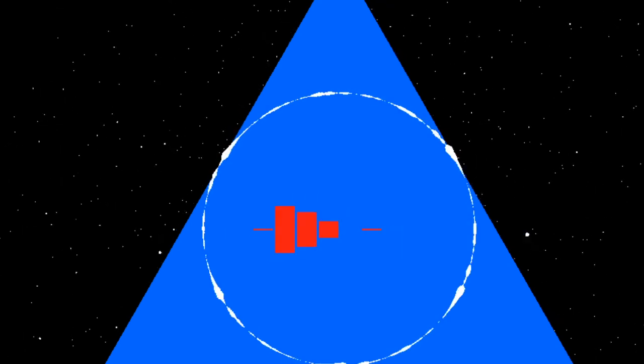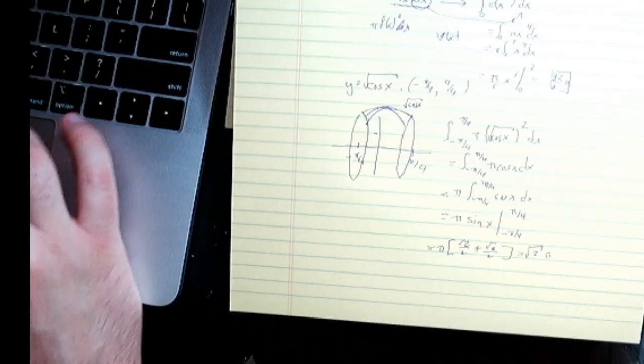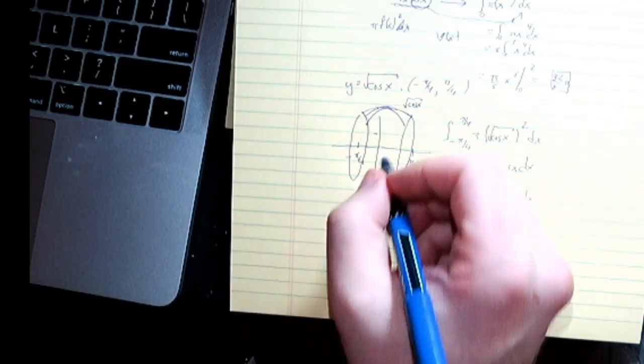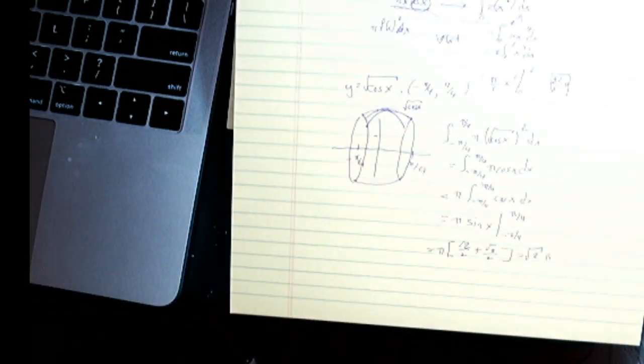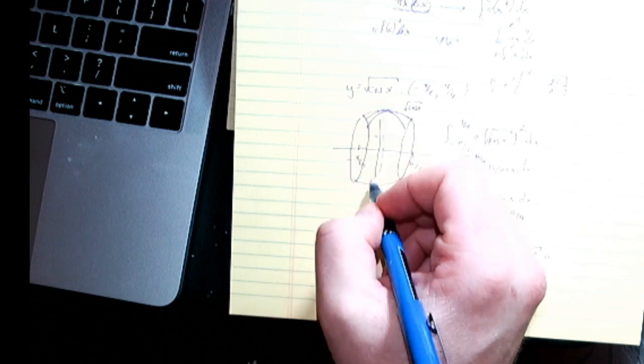Now, on the right of your page, you had a second kind of problem, which is called method of shells. Where do you use this? Well, in the problems we were just looking at, the problems on this page, the objects we were making were made by spinning the function around so that the obvious axis of rotation made disks.